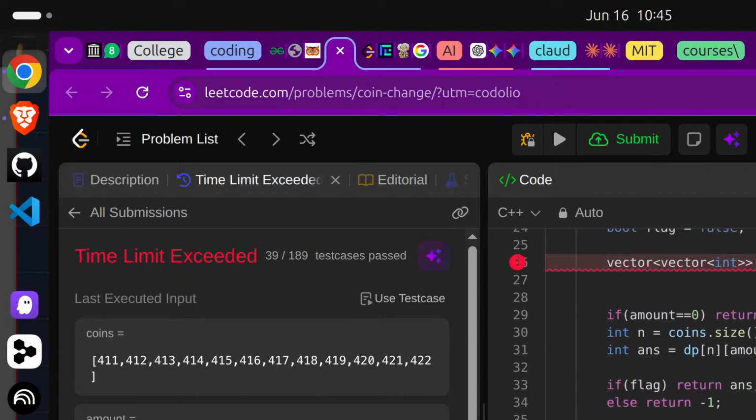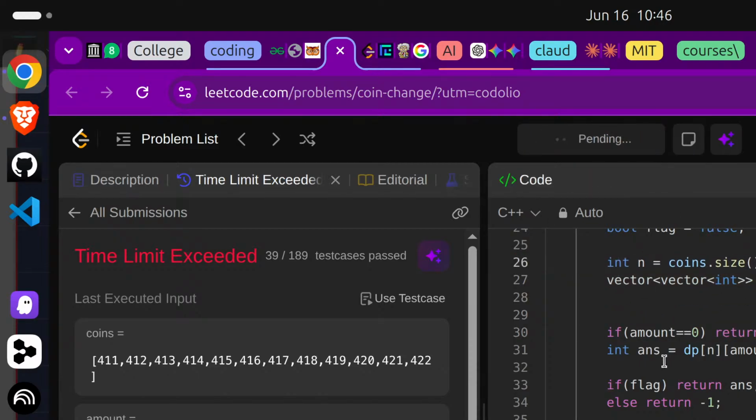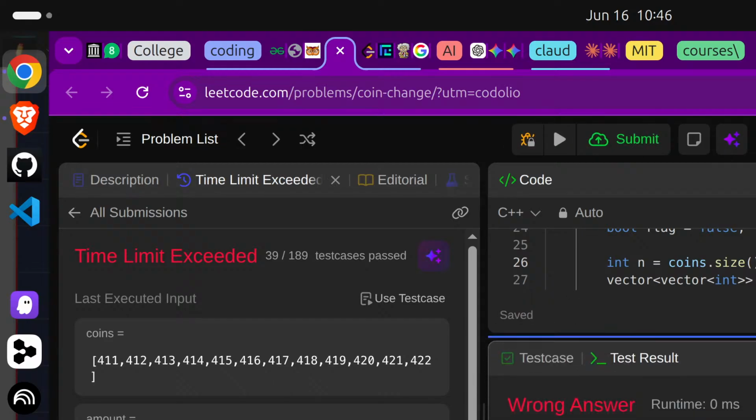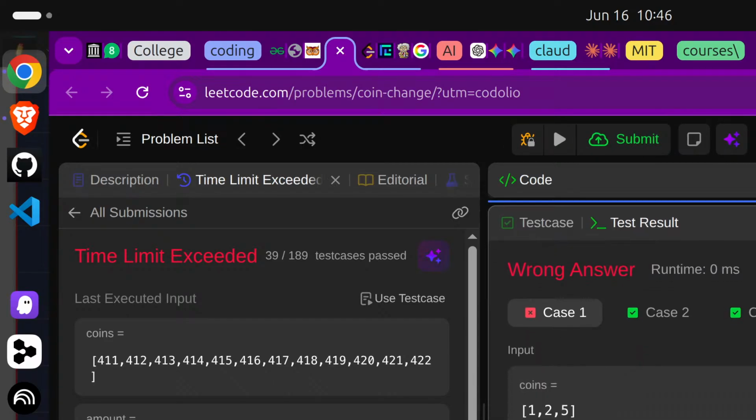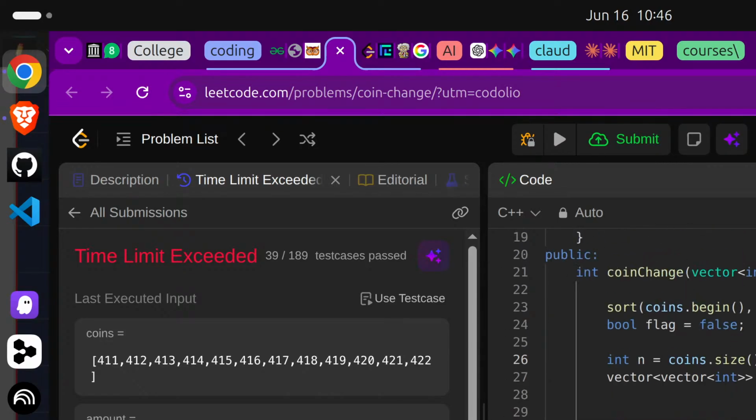Okay, n is not defined here. Alright, let's take this in there. Case 3, okay.